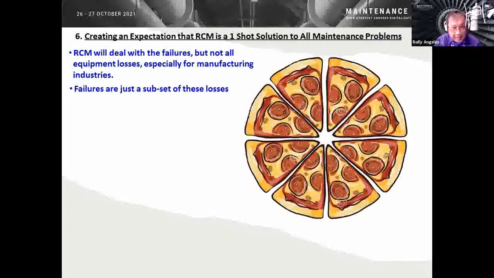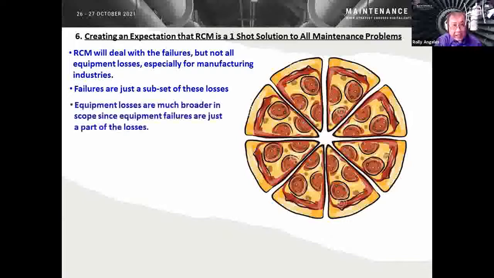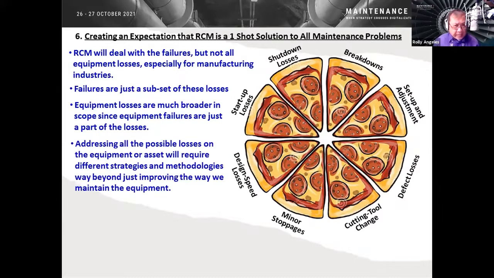Each of these pieces will represent the different losses of our equipment. So we have the breakdowns, setup, startup, minor defect, cutting tool change, design speed loss, defect, shutdown loss. So it means that unlike power plants or unlike oil and gas, manufacturing industries have a much broader problem in terms of losses.